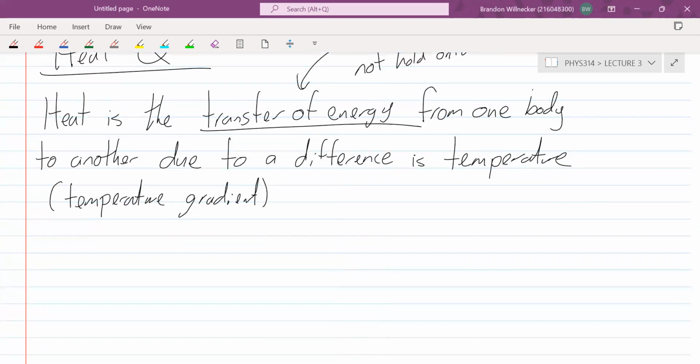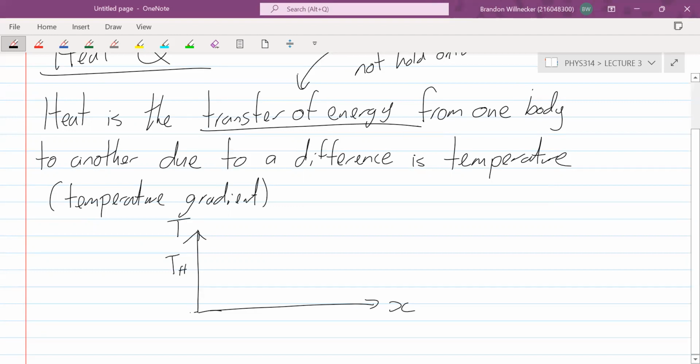Okay, so a little picture to keep in mind. Here we've got our system, it's going along X. We've got some temperature T. At the one end point of the system, we might have T hot. And then we've got the temperature decreasing. It doesn't have to be linear, just decreasing down to another temperature T cold. Okay, so this gives us a temperature gradient.